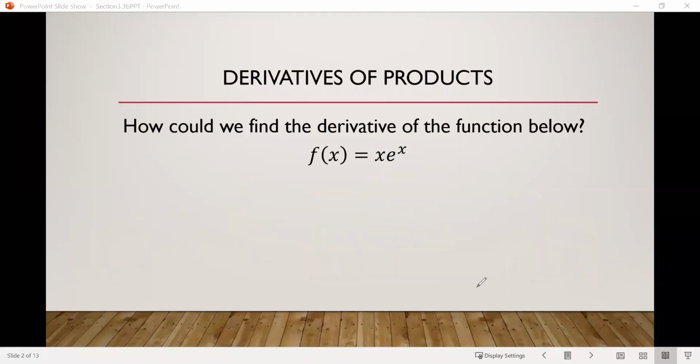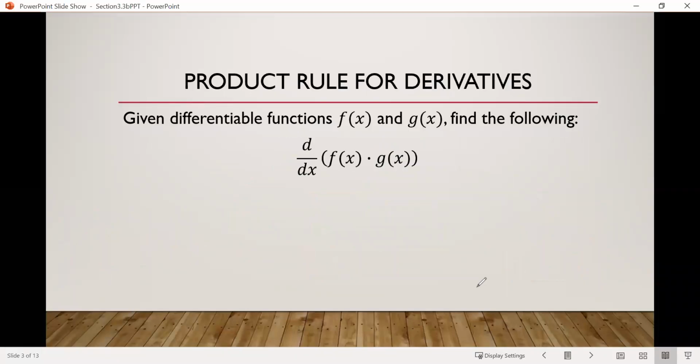Okay, so what are we going to do for this? Well, let's kind of look at trying to develop a formula here. So let's say we have two functions that are both differentiable. And remember, that means that if they're both differentiable, we can take the derivatives of them. So we have the function f and the function g. We want to find the derivative of f times g, okay, which is what we just saw before.